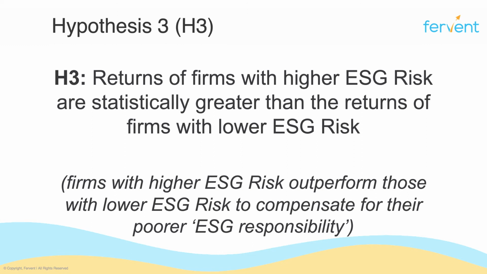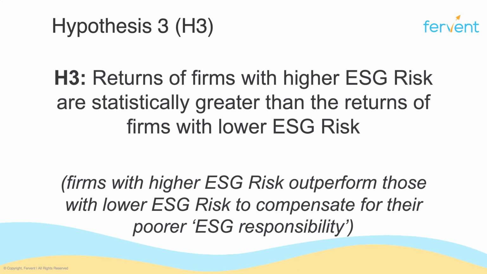Now, remember that the second research question we posed was: if there is a relationship between ESG and stock returns and risk, can we earn abnormal returns using this sort of ESG, right? So can we earn abnormal returns by exploiting the relationship between ESG and stock returns and or risk?